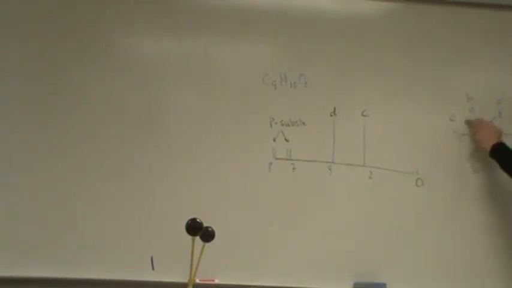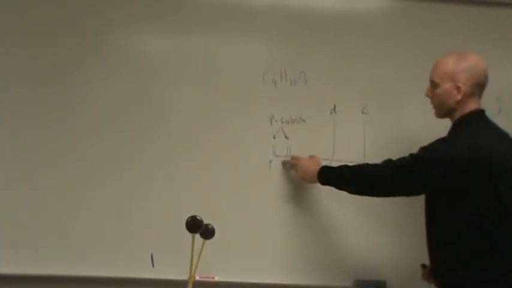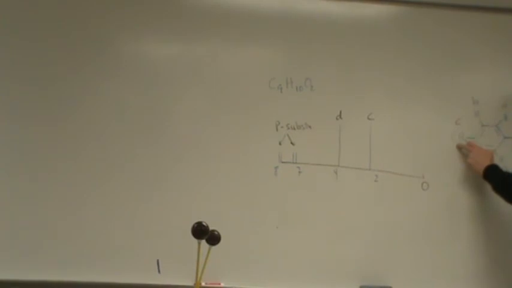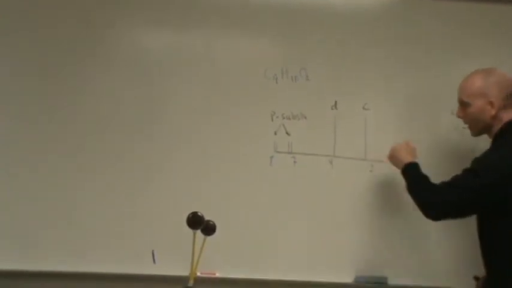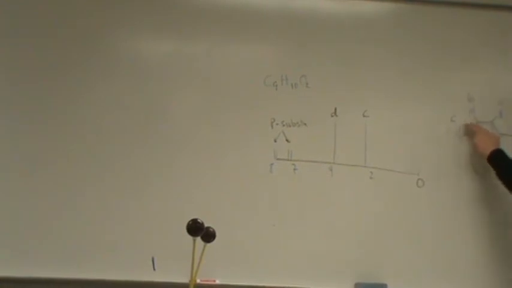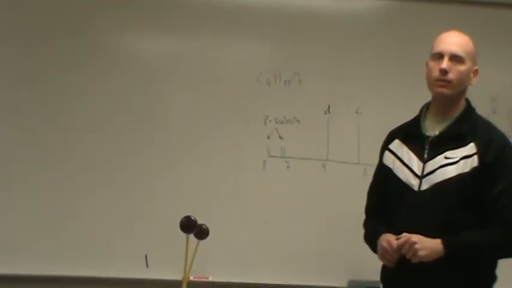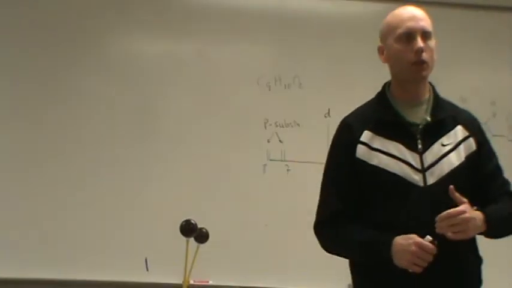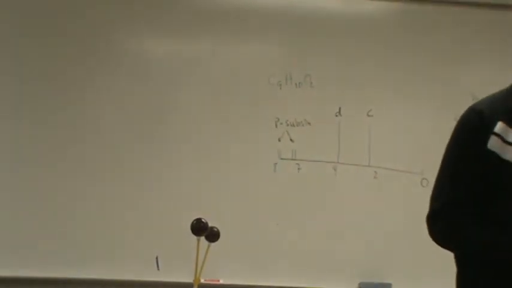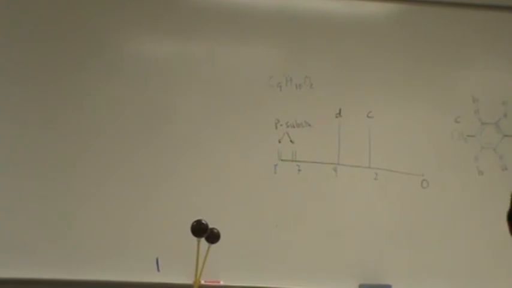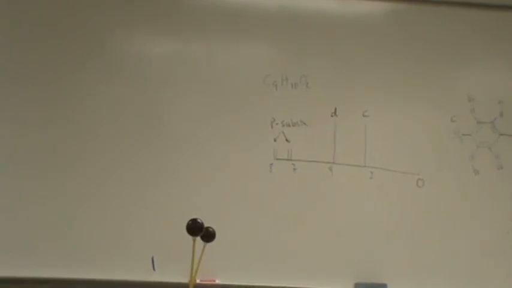See, it's not right on the benzene ring like these hydrogens, which are showing up 7 to 8. So if I'm on a carbon, it'll pull me down a little bit. Okay? And so those are showing up at a little bit higher than 2. Okay? So I'm not asking you to give me exact peak position, is it at 2.1 or whatever, but you should be able to give me relative peak position.